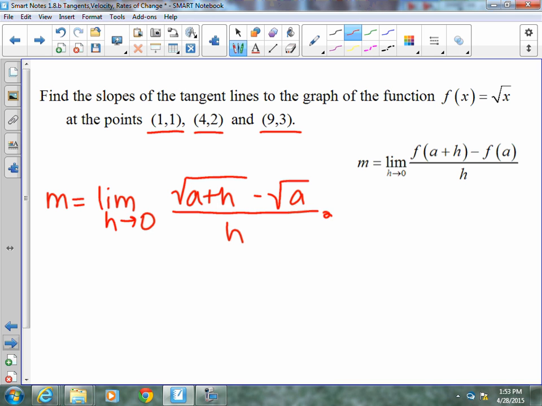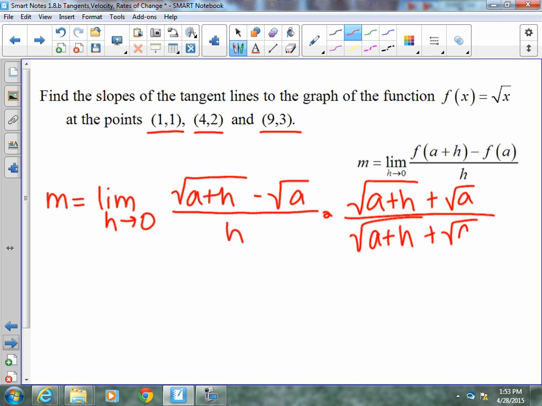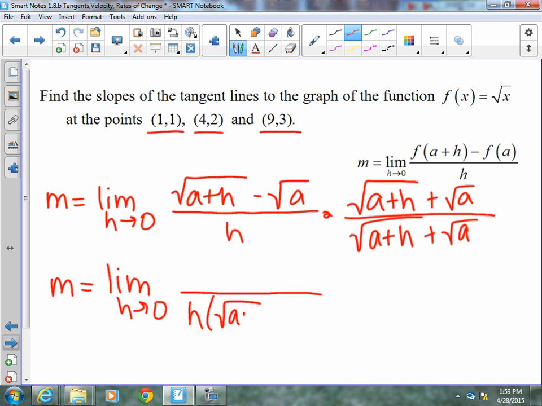We need to plug in the 0, which we can't, so we are going to have to rationalize our numerator, which we have done before, and we get the limit as h approaches 0 in the denominator. Just leave it. Don't bother expanding. And in the numerator, we get a plus h minus a.